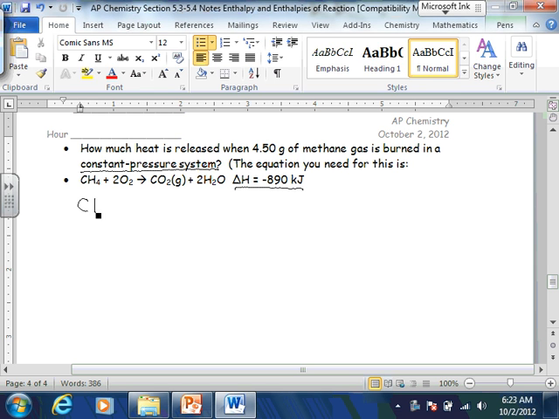You could actually write this equation like this. CH4 plus 2O2 yields CO2 plus 2H2O plus 890 kilojoules, okay? And so you could actually write it that way and think of heat as one of the products.